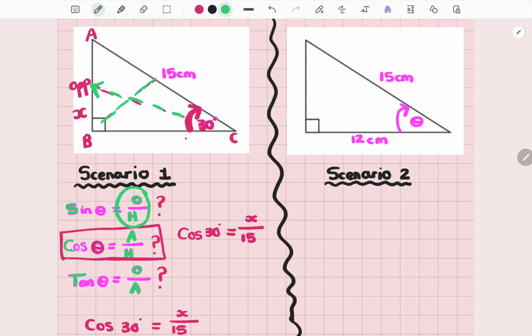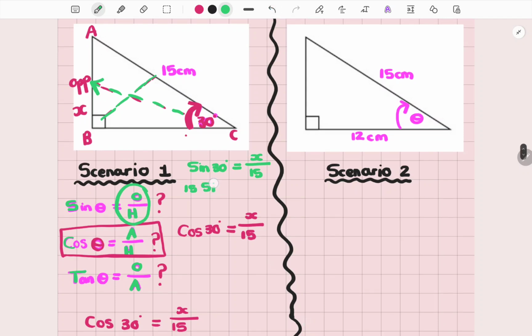So sine 30 degrees is equal to the opposite, x, over the hypotenuse, 15. Again, you times both sides by 15, then 15 sine 30 in your calculator gives you 7.5.